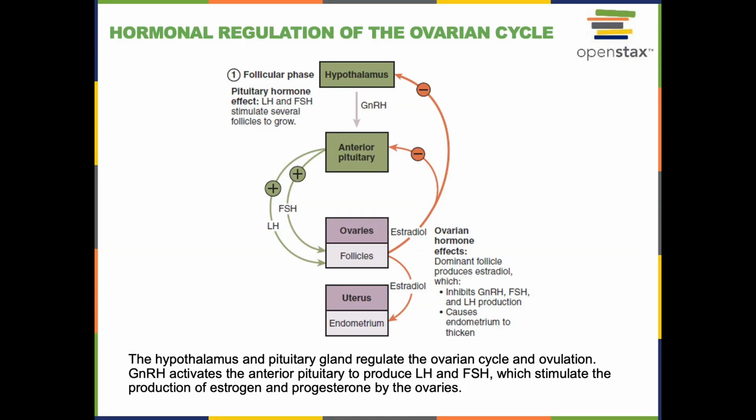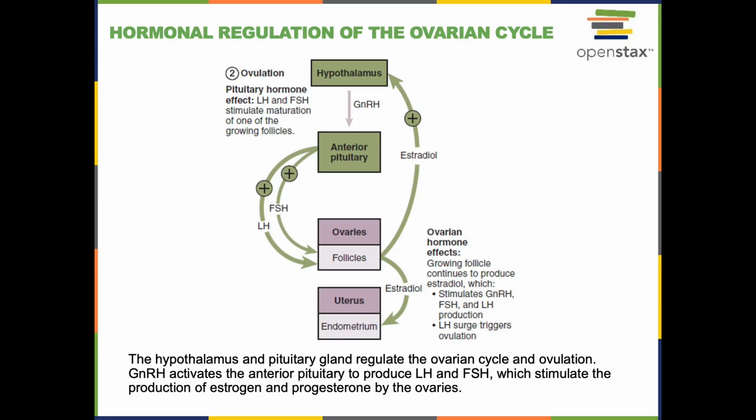Estradiol is the primary form of estrogen. It will stimulate the endometrium of the uterus to grow to help prepare for implantation of an embryo. And estradiol will also have the negative feedback function of decreasing GnRH, LH, and FSH production to help maintain a homeostatic set point for LH and FSH.